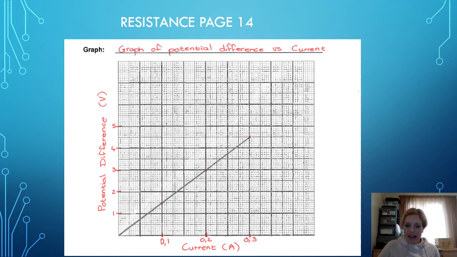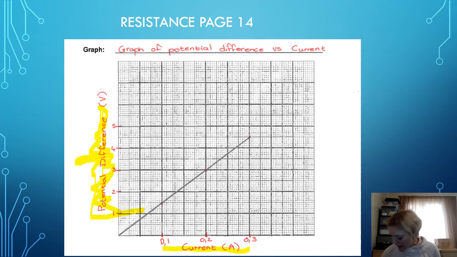So as you can see, as the voltage increases, so does the current. The two work together. Make sure that you have completely filled in this graph. I'm just highlighting this, or attempting to highlight it. It's going a little bit wonky, but make sure that your graph looks similar to my graph, please.